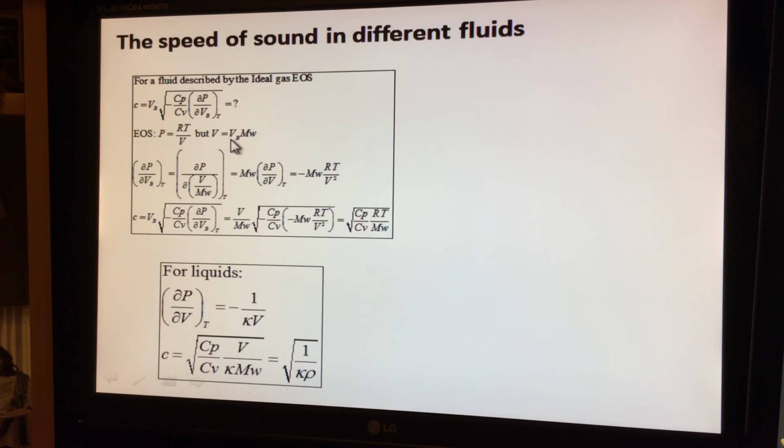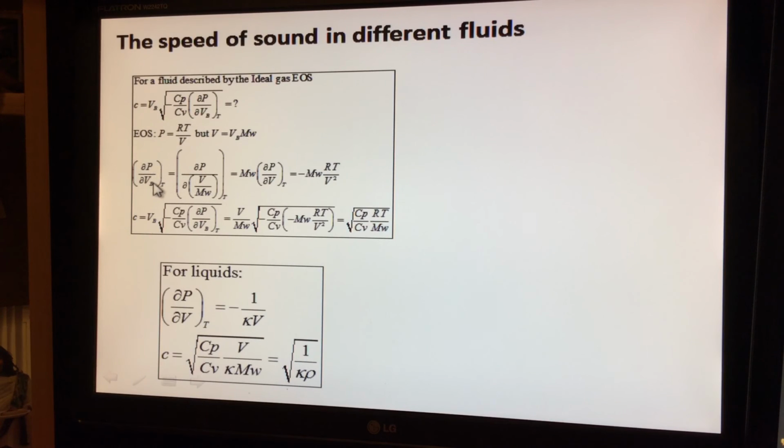The molar volume is the specific volume, which has units of volume per mass, times the molecular weight, which has units of mass per mole. You can see that the units of mass will cancel out, giving you molar volume, which is cubic meter per mole. And so every time I see V_B over here and V_B over there, I replace that.